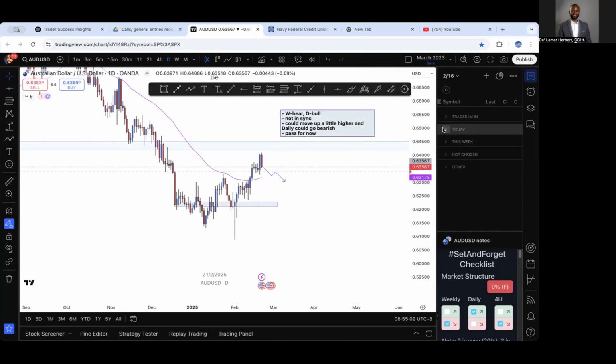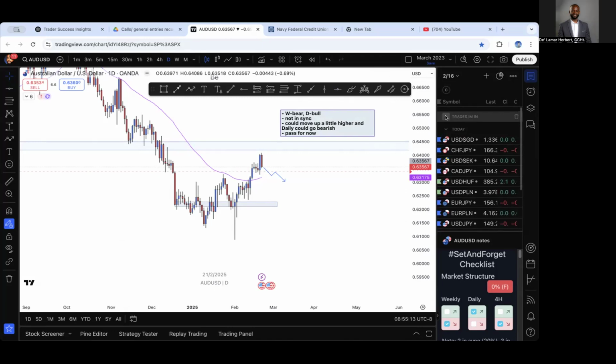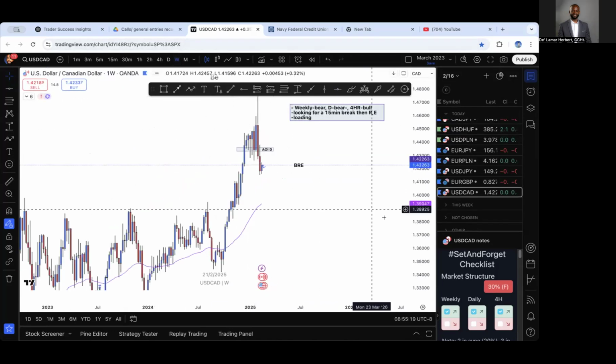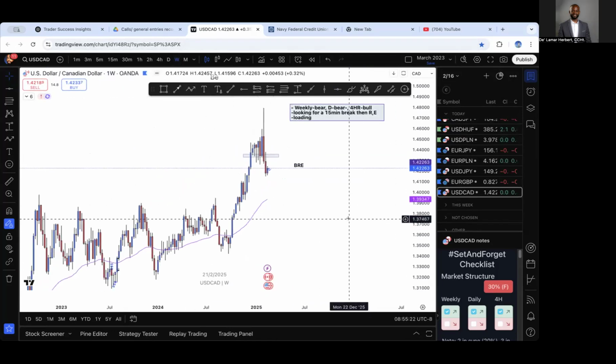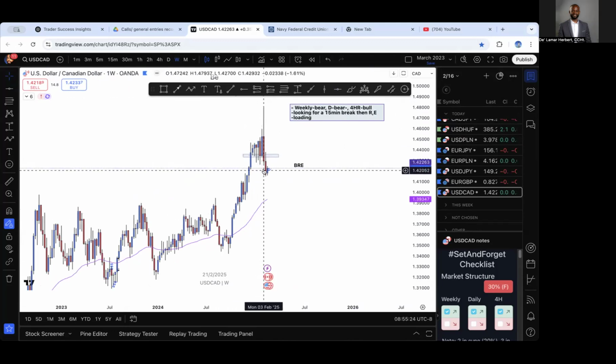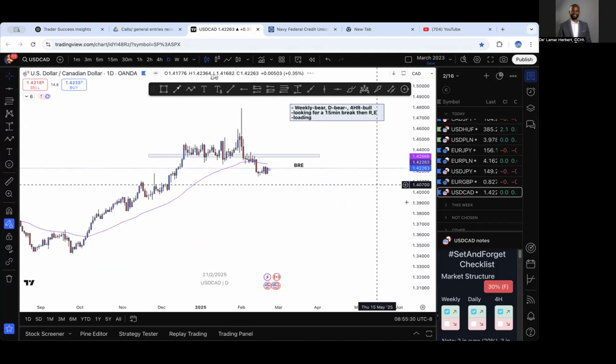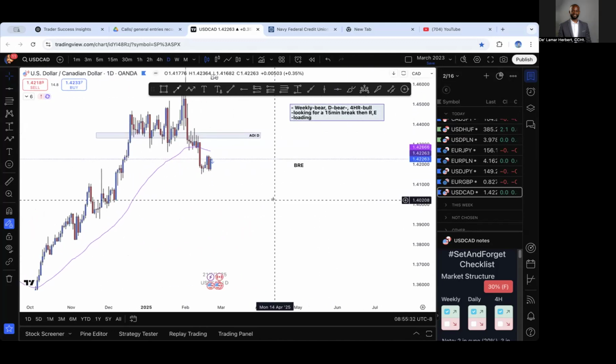Okay, so what do I think can happen when market opens today? I'm not in any trades. What I think can happen for USD CAD starting today? Well, this is USD CAD. We had our structure shift, which caused the weekly to be bearish. We have daily bearish, right?